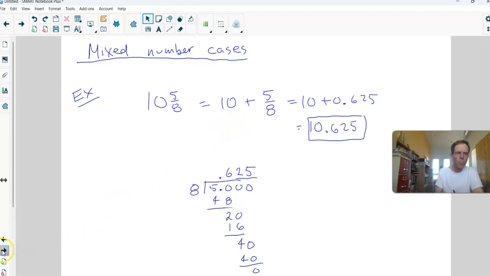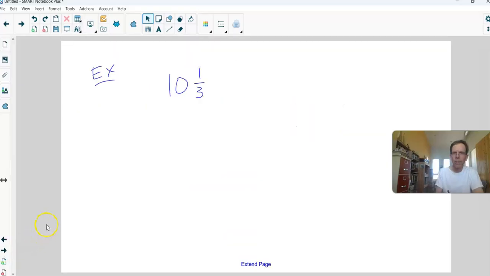How about this one? We know that 10 1/3 is really 10 plus 1/3. But we saw earlier in a previous example that 1/3 was 0.33 bar. So this is really 10.33 bar, which is only approximately 10.33.